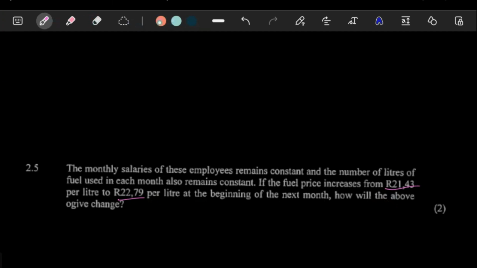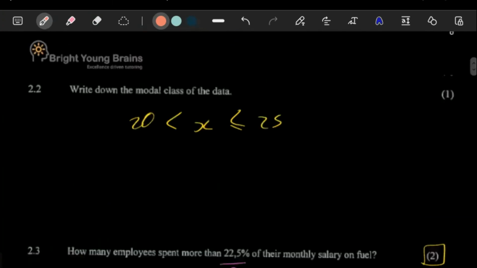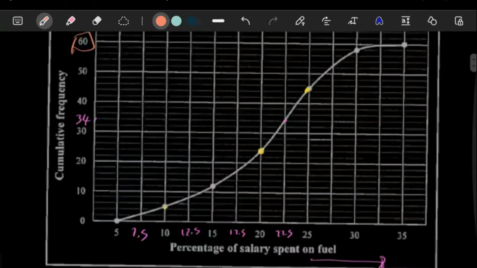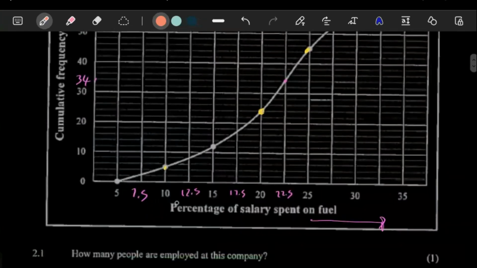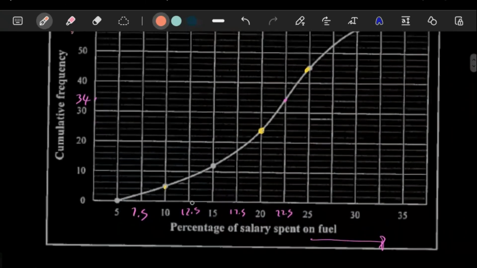So you have to remember that since the monthly salaries remain the same, and the amount of fuel used remains the same also, the one thing that's going to change is the percentage of the salary used, because they're still buying the same amount of fuel. So if the percentage of the salary increases, it means that the OGIF would slightly move towards the right.